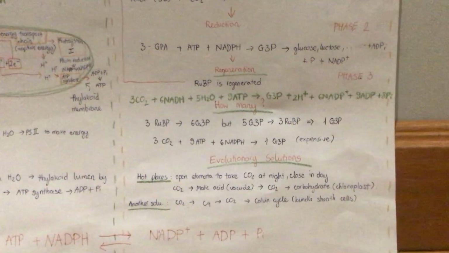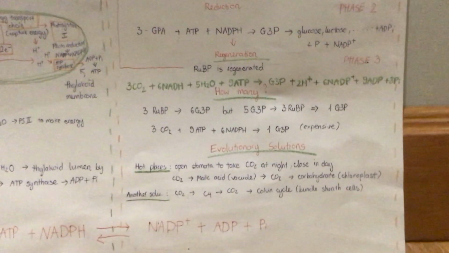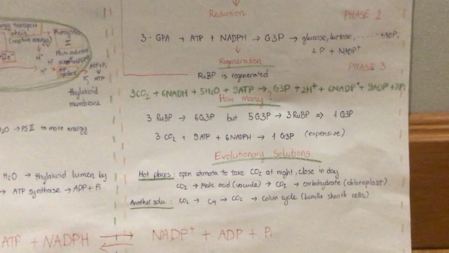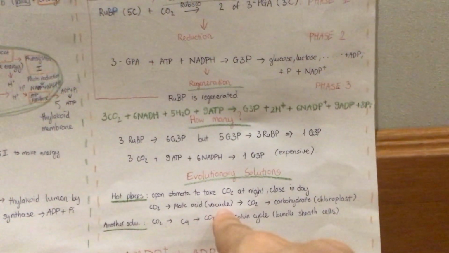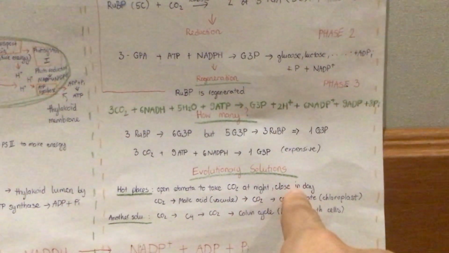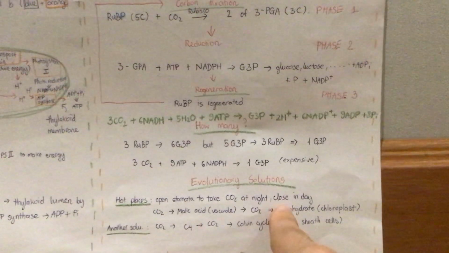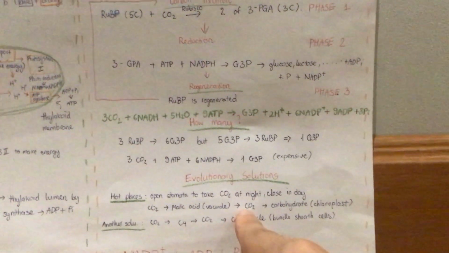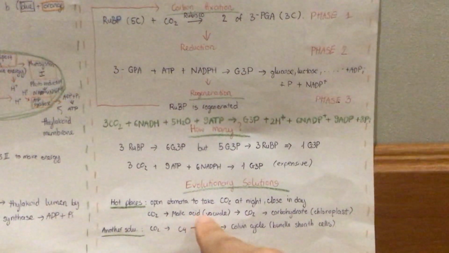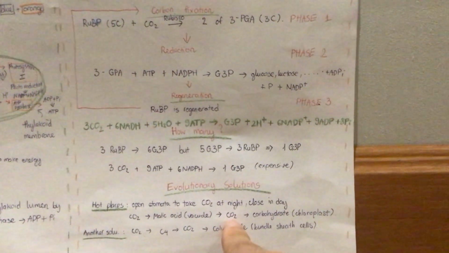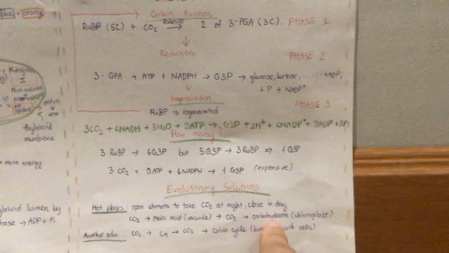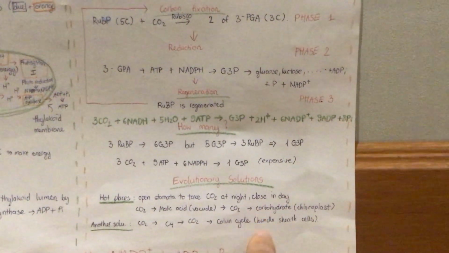When they take in the carbon dioxide at night, it is made into malic acid and stored in a vacuole. So later in the day, when they close their stomata, this malic acid will be converted into CO2 again to make the carbohydrate in the chloroplast.